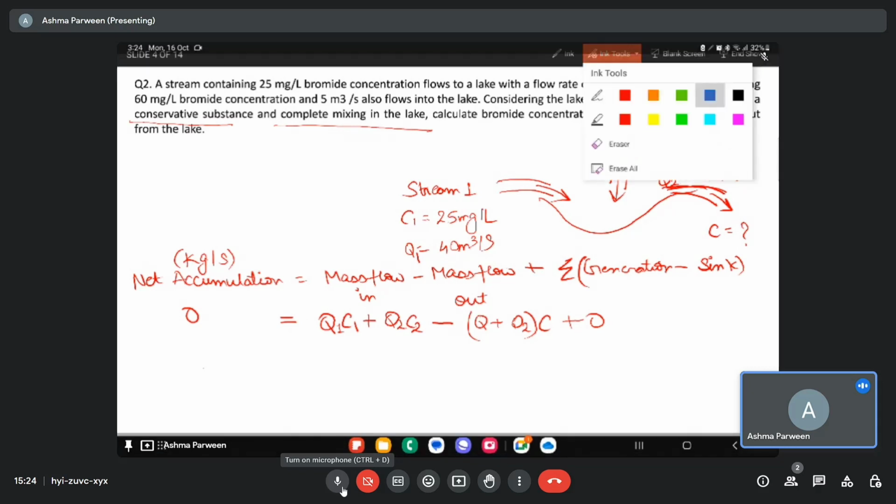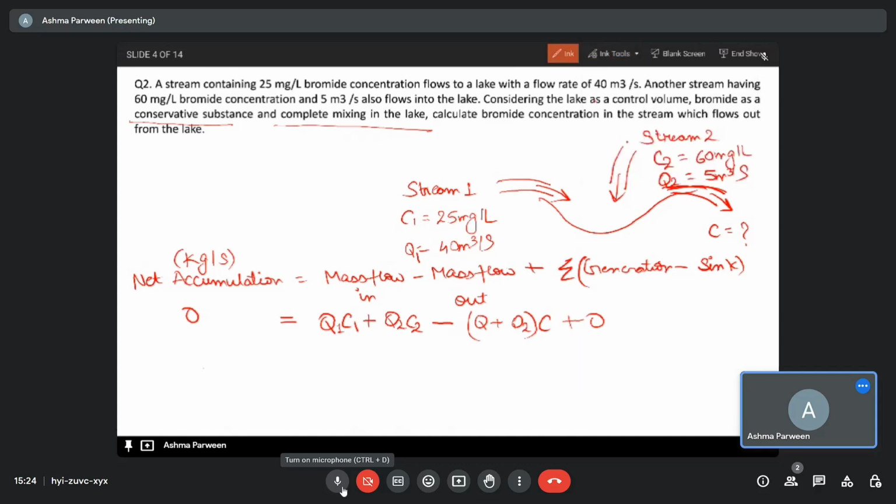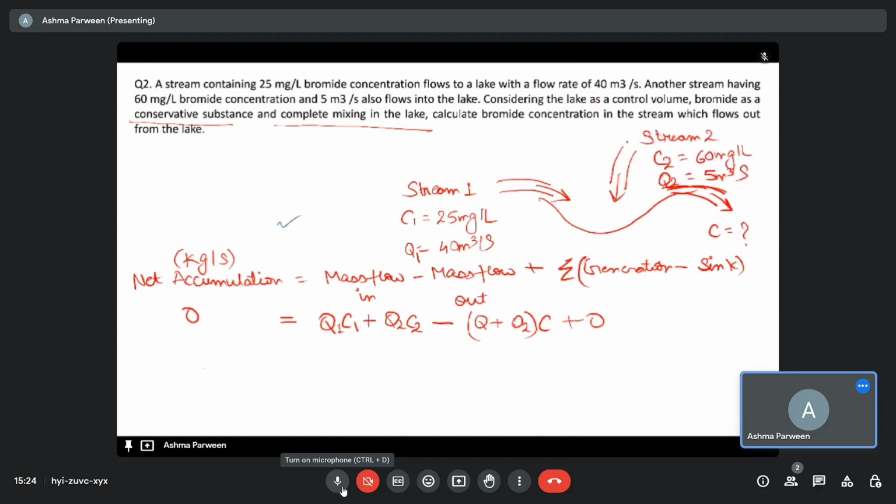C will be Q1 C1 plus Q2 C2 upon Q1 plus Q2.